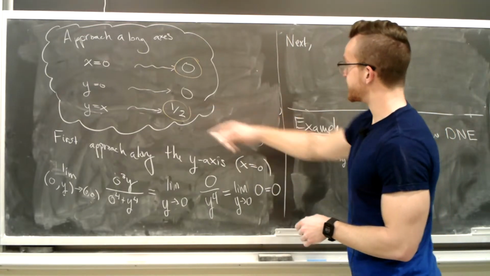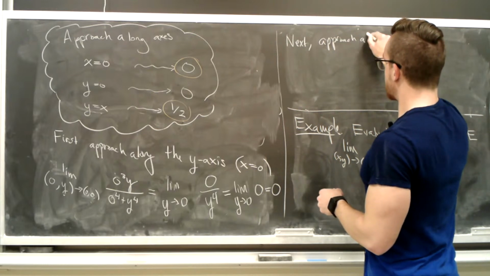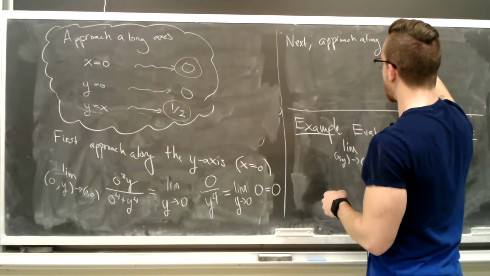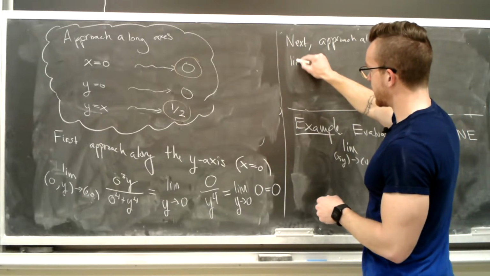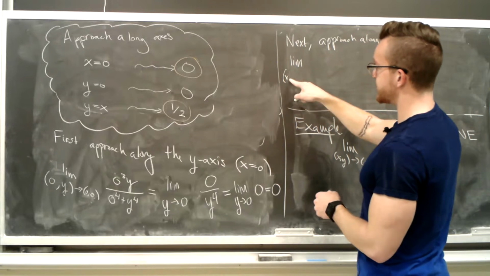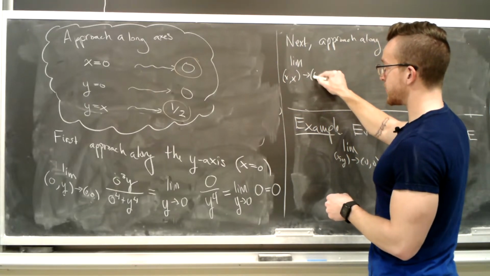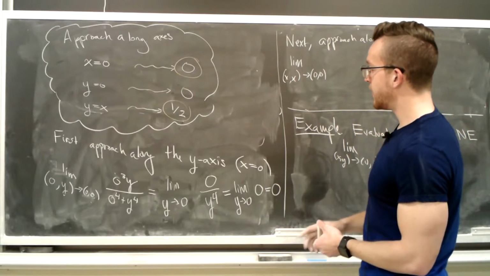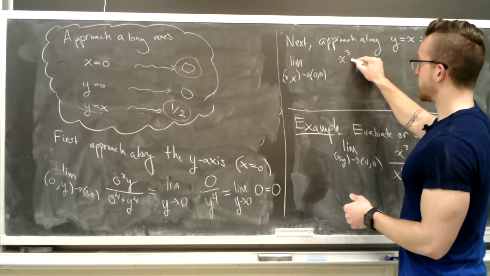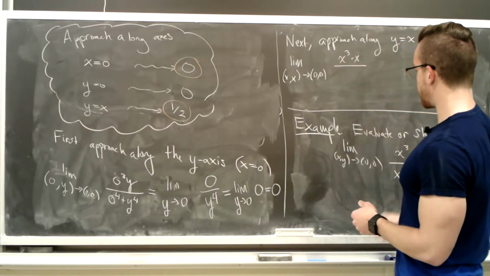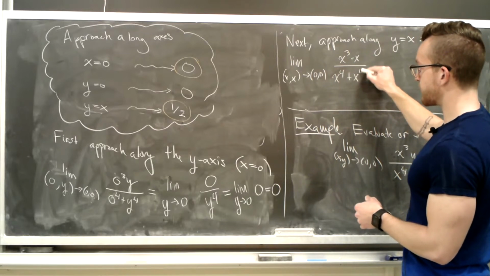All right, so next, I want to do this. I'll approach along y equals x. This just amounts to restricting all the y values to look like x. I want to send this point to 0, 0. And when I do that, I'll get x cubed times x over x to the 4th plus x to the 4th.